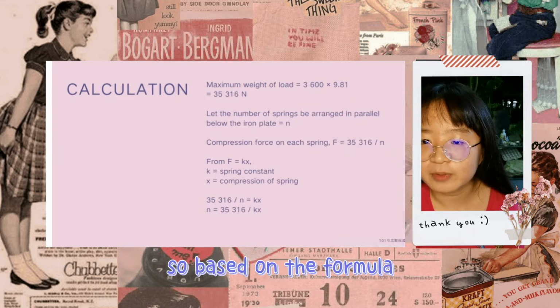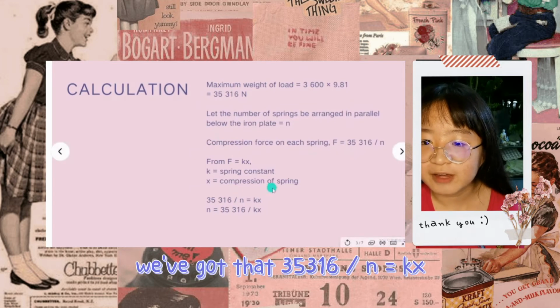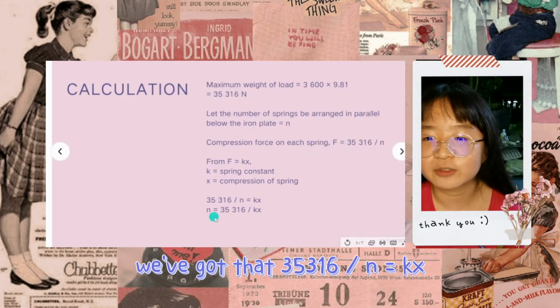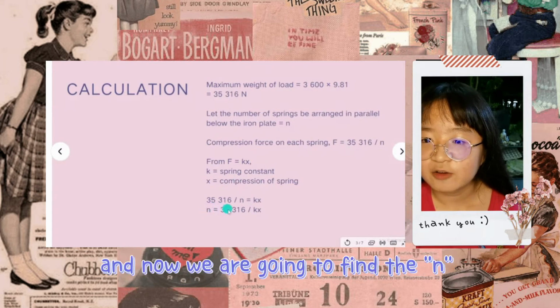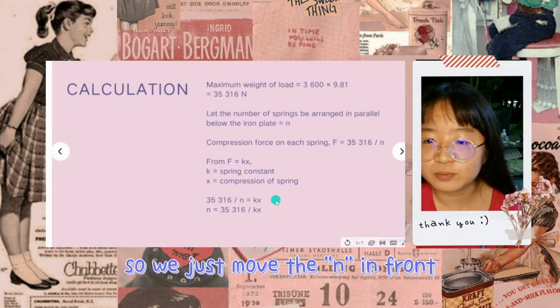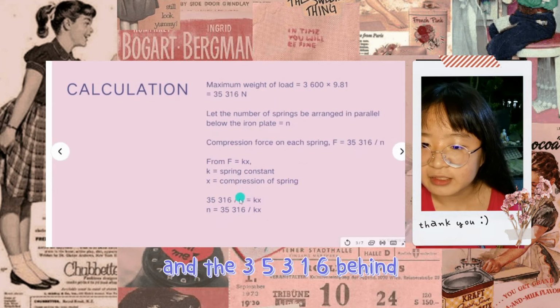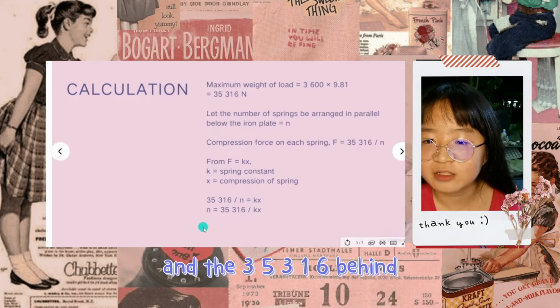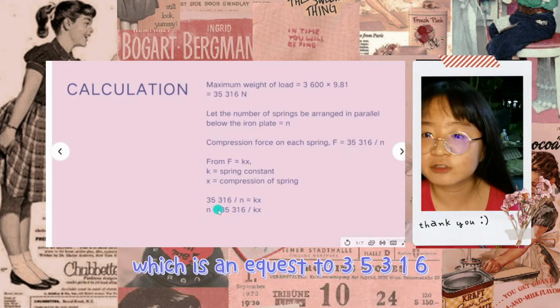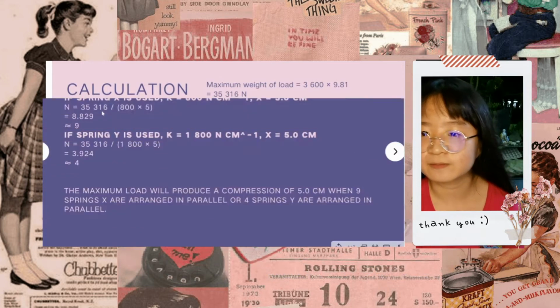So based on the formula, 35,316 over n equals kx. Now we are going to find n, so we move the x in front and the 35,316 behind, which is n equals 35,316 over kx.